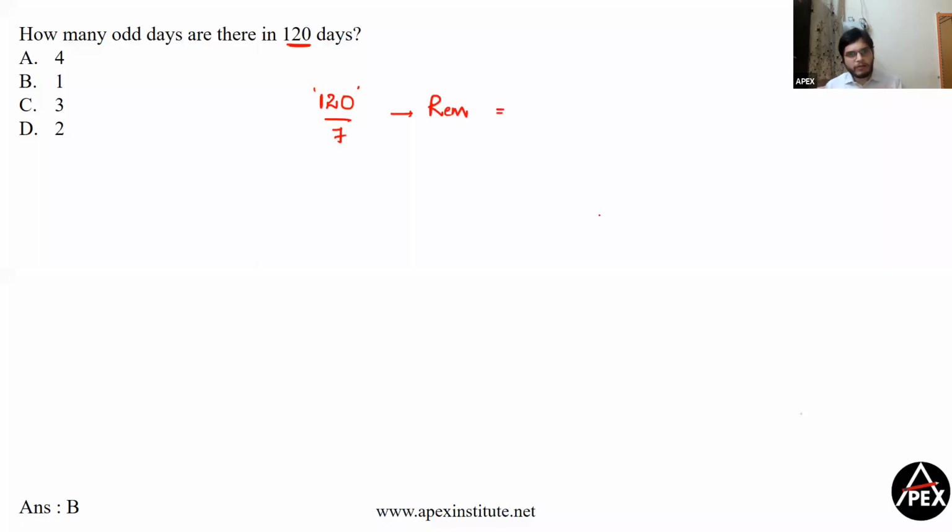Guys, we always concentrate on the remainder only. Okay, don't consider the quotient or divisor. Always concentrate on the remainder. What is the remainder when 120 is divided by 7? 1, because I know 119 is divisible by 7. So the answer for this question should be 1.